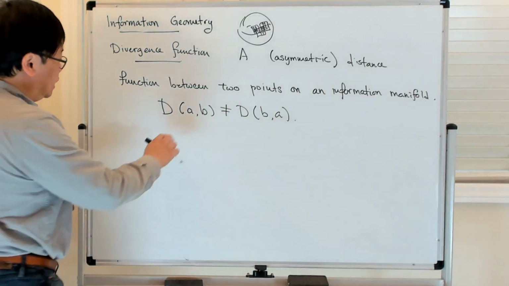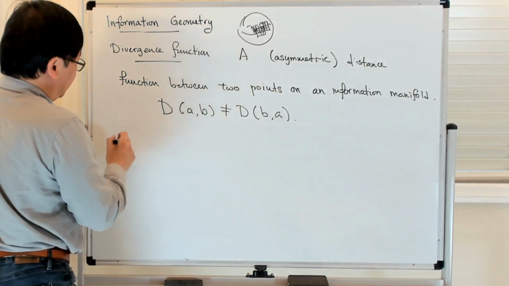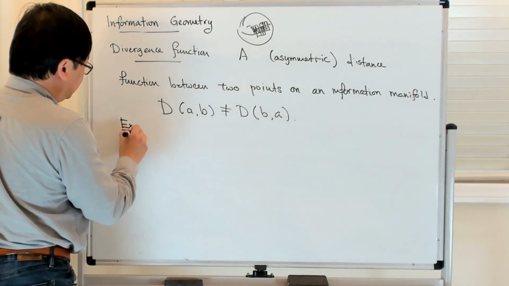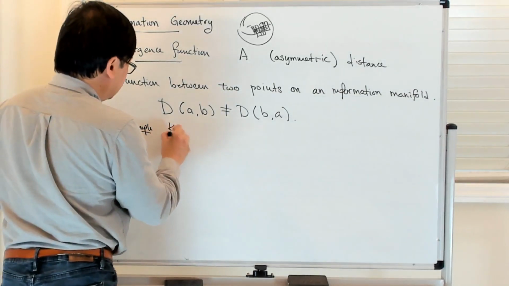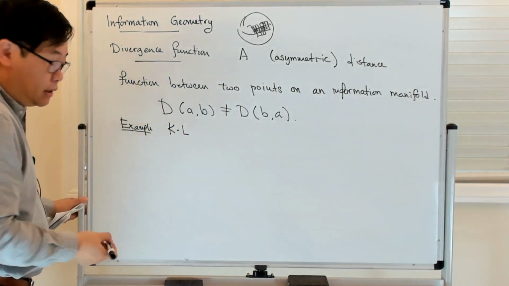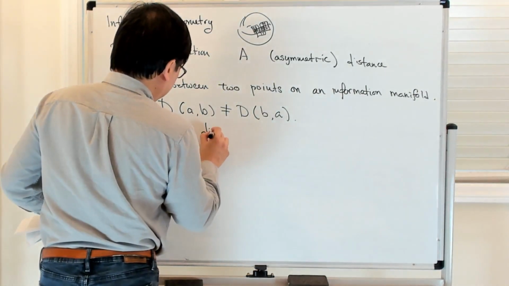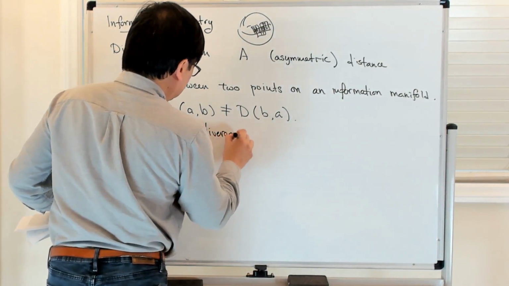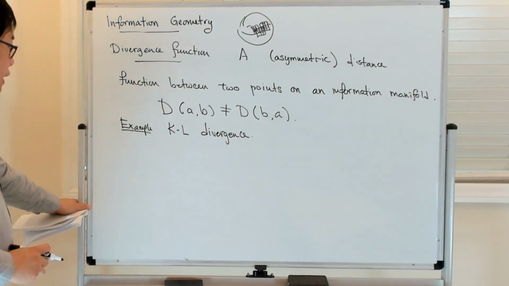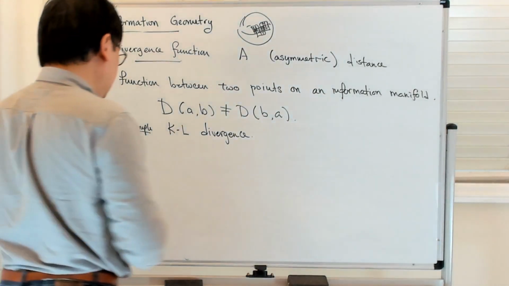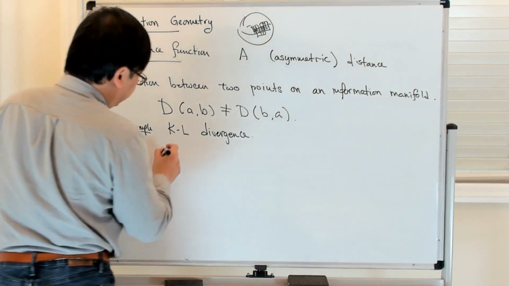Okay, but maybe a good example of these is the KL divergence, which is oftentimes used in machine learning. So this is the idea of this KL divergence. And the KL divergence is an example of what is called a Bregman divergence.